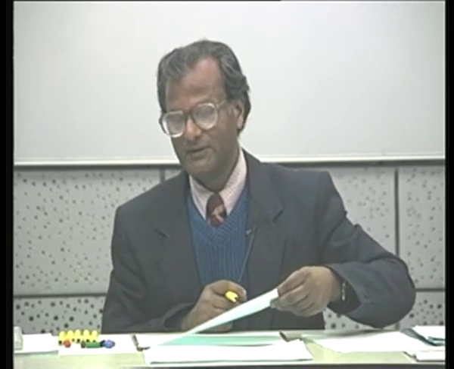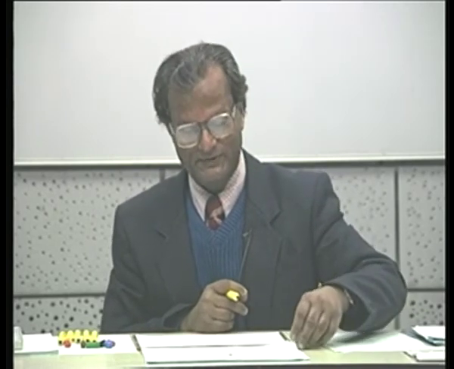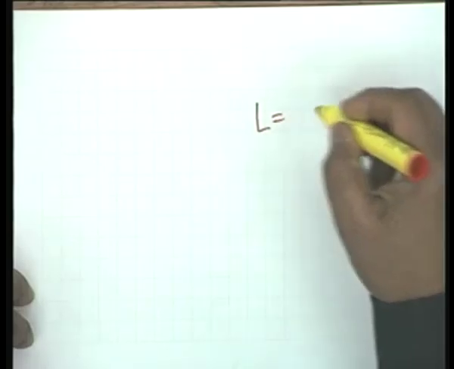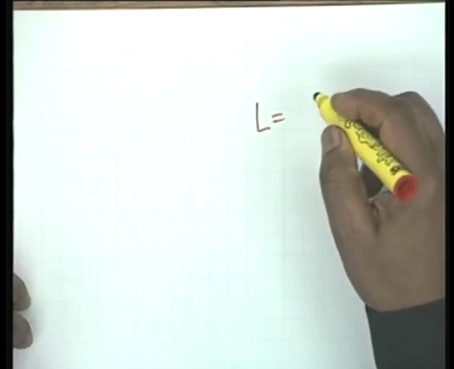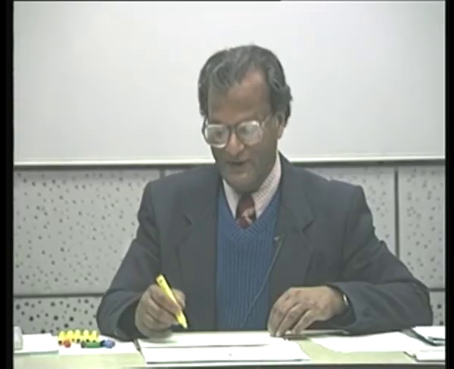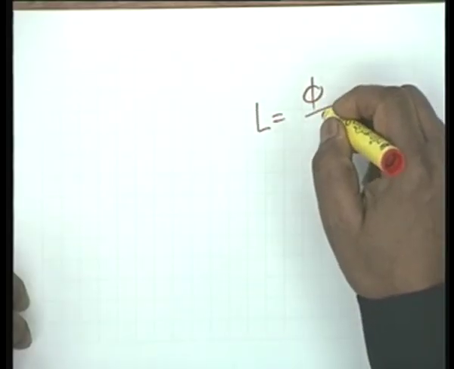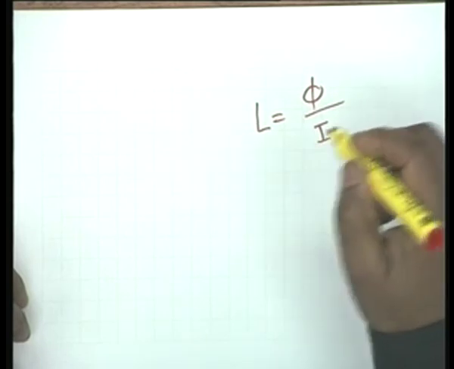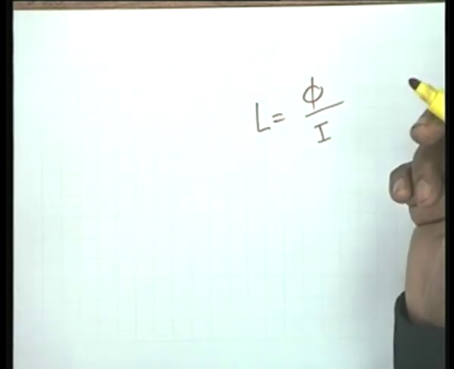So, in integrated circuits, you see, inductance by definition, listen to me carefully. What is the definition of inductance? Phi upon I. Inductance is the flux per unit current. This is the definition of inductance.